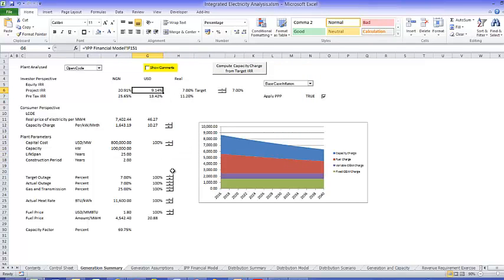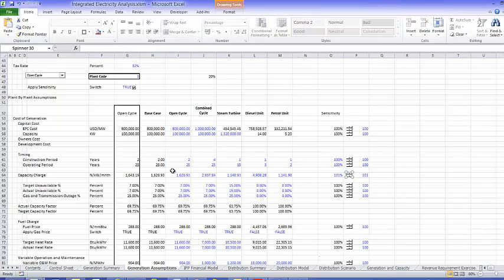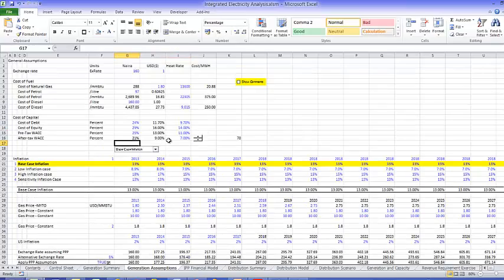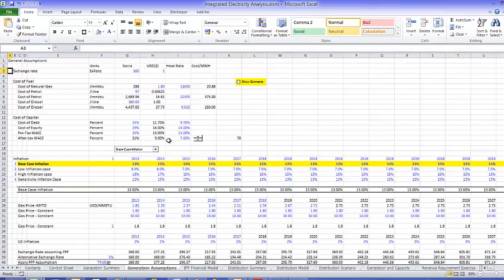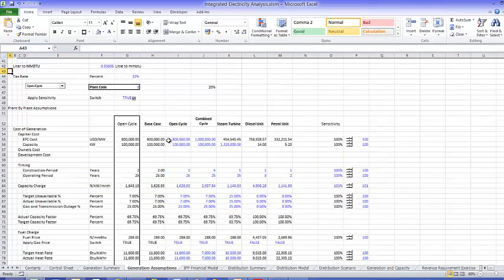And now let's finally look at our, so once we have our generation assumptions here, why don't we, I was going to format those, but we'll do that later.